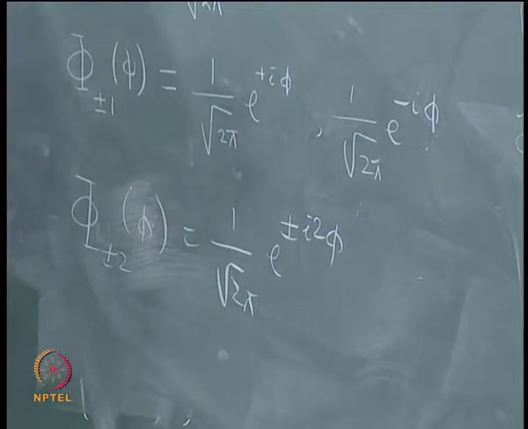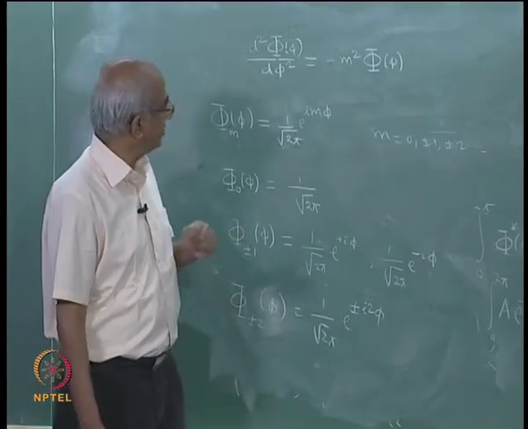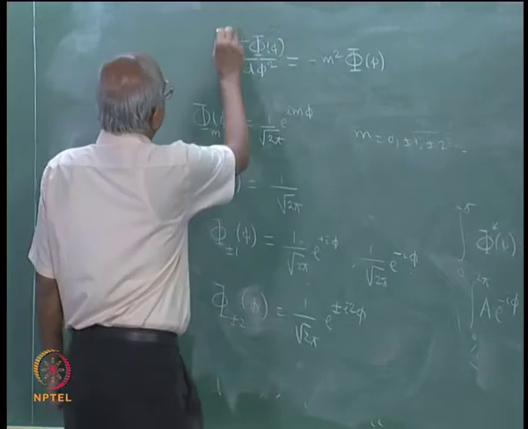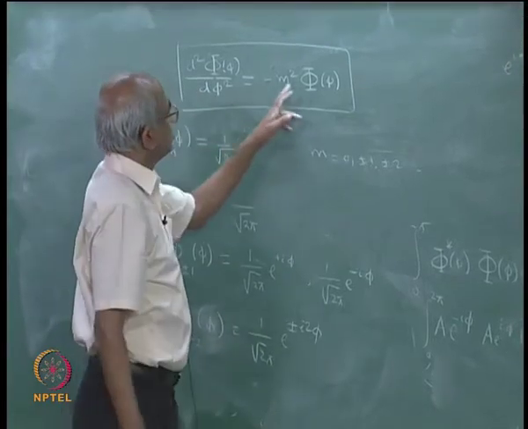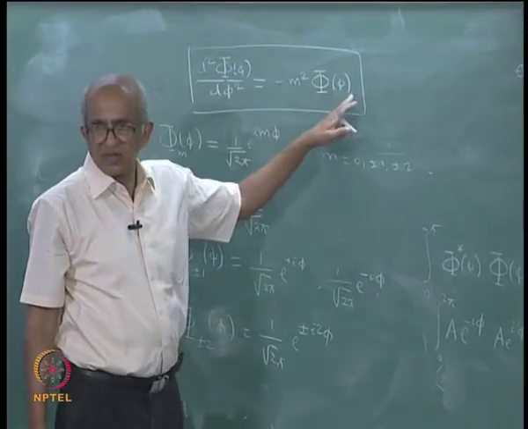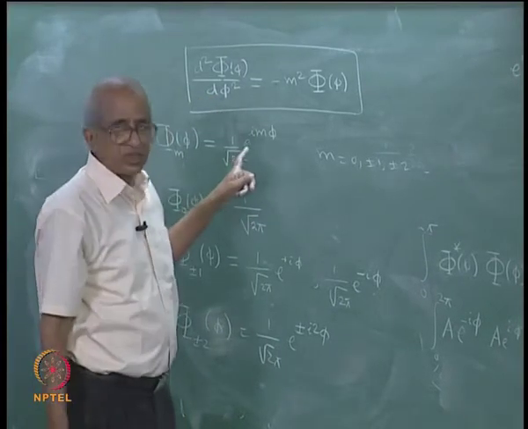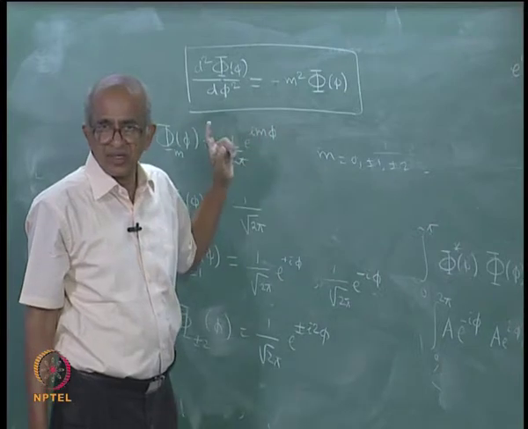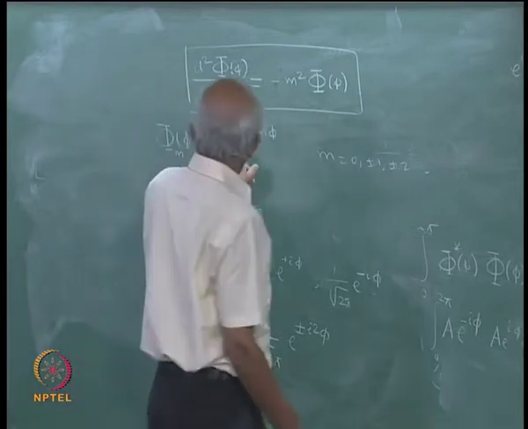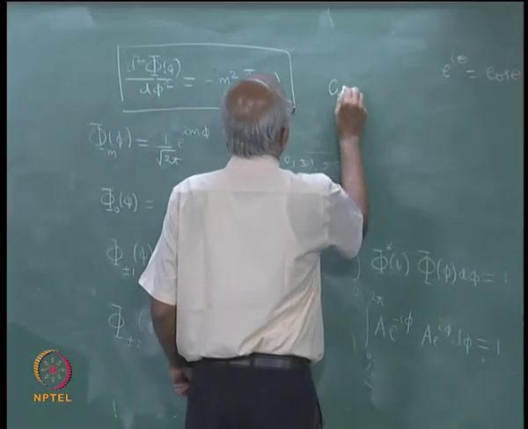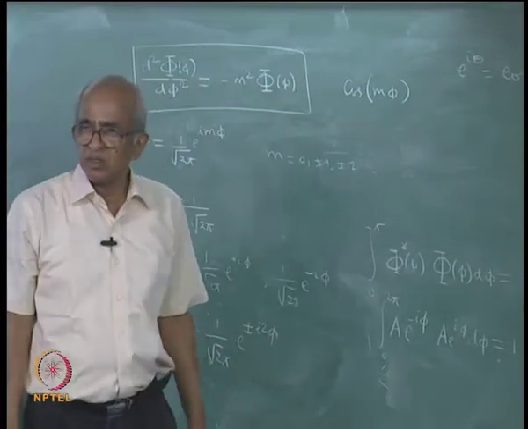But if one is choosy, one wants a real solution, not a complex solution, that can be arrived at, because after all the original differential equation says this, right, d square phi by d phi square is equal to minus m square, capital phi is what the equation tells you, and we have written a complex solution by saying okay, e to the power of I m phi, but instead I could have said that the solution may be of the form cos m phi, right.